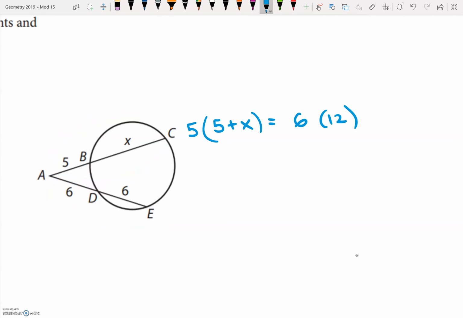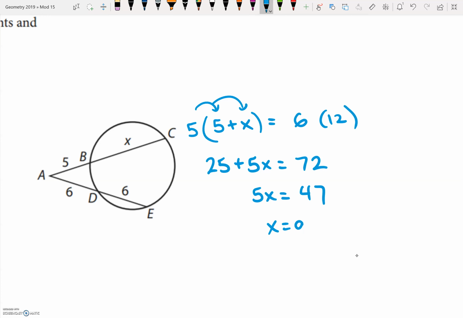So we'll distribute our 5. We get 25 plus 5x equals 6 times 12, which is 72. We subtract 25 on both sides, so 72 minus 25 is 47, and then we divide by 5. So we get x equals 9.4.